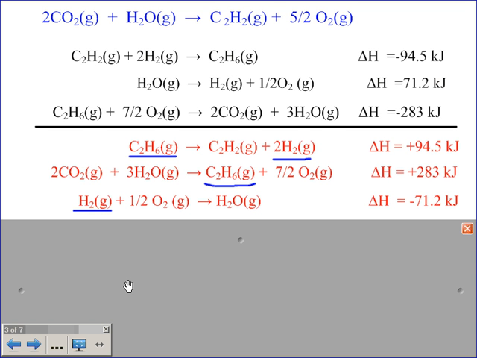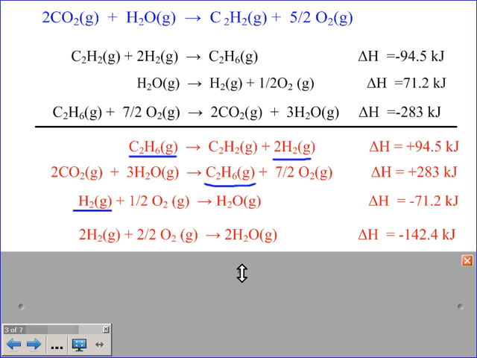So to get the hydrogens to vanish, I need to take advantage of the fact that enthalpies are extensive, and I can simply multiply this entire bottom equation, including its enthalpy, times 2. So if I go through and I double everything, so now I have 2 H2s, and that's enough to make this cancel.